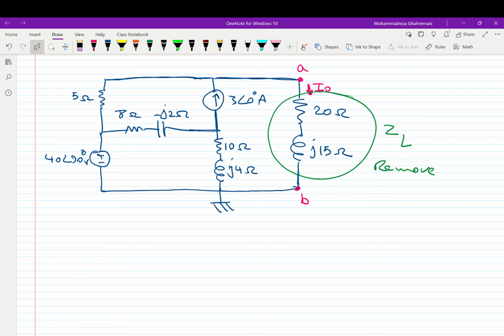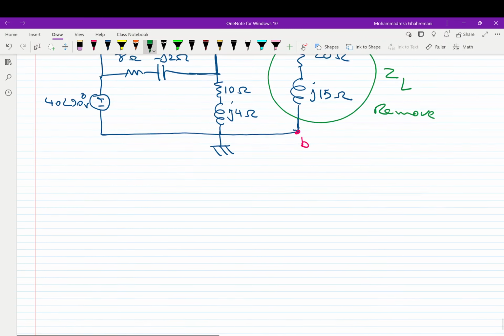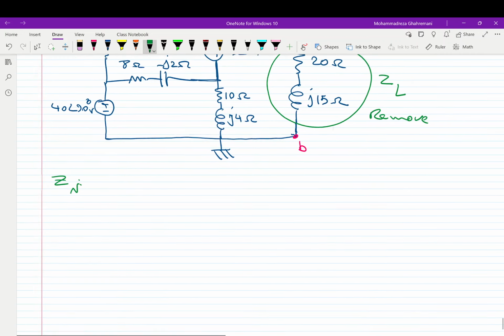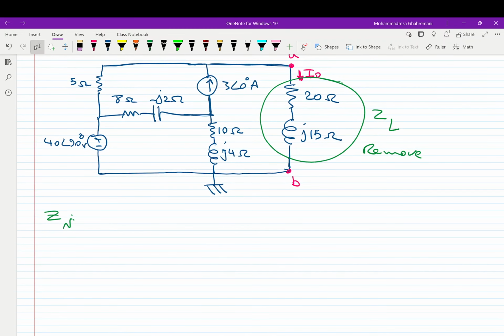Then we start finding Z Norton. In order to find Z Norton, there are no dependent sources. That's fine. We turn off the voltage source and current source and redraw the circuit.